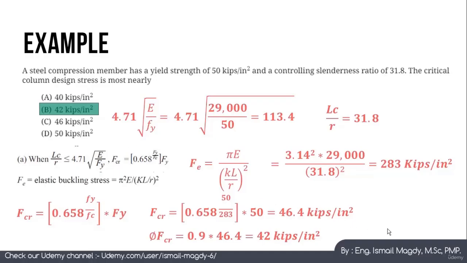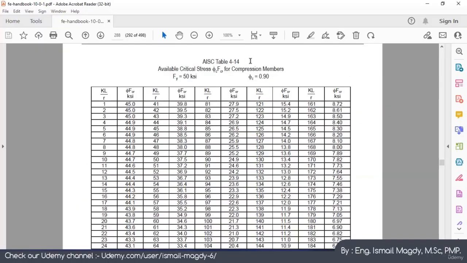Now I'm going to show you how you could have solved this problem using the tables, and you will see how much time you are going to save. Here we have this table, 4.14. We have F yield equals 50 KSI, which is given in our problem, and we have phi equals 0.9, which is the default value for the steel members.